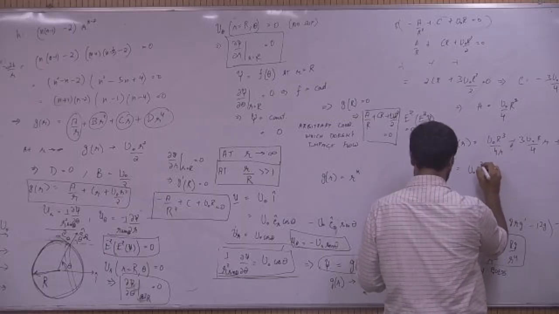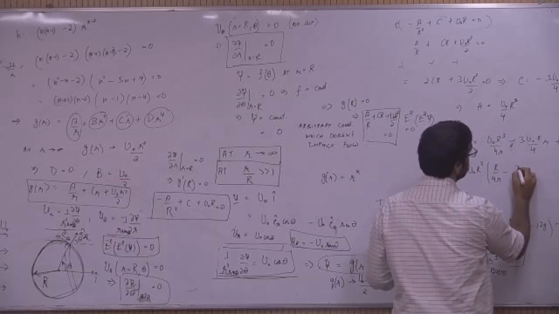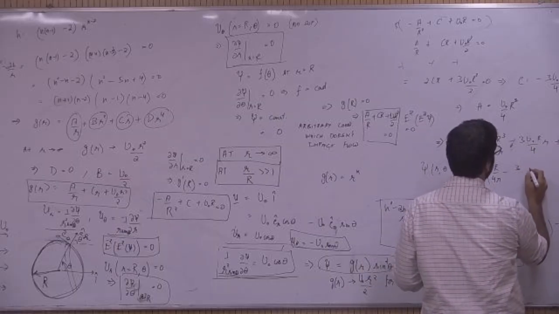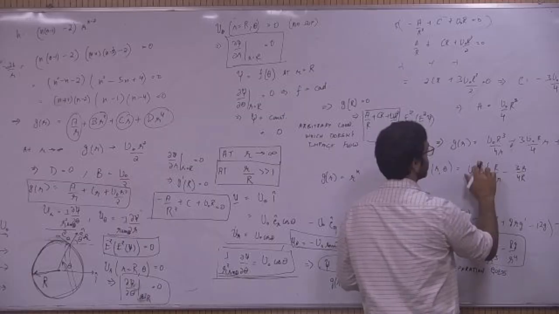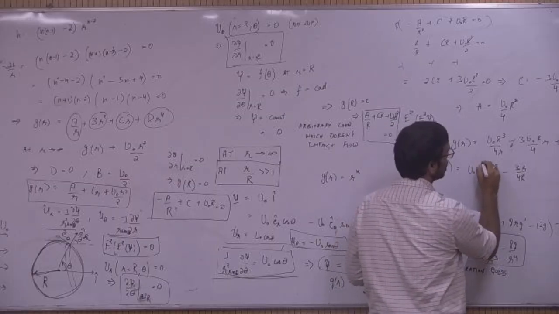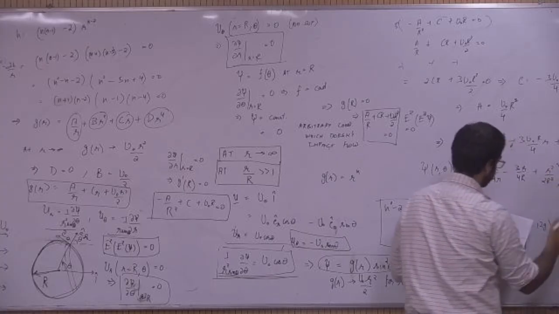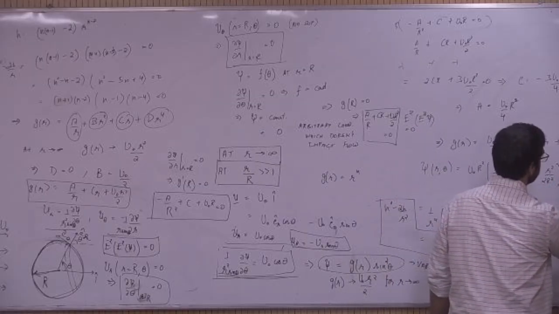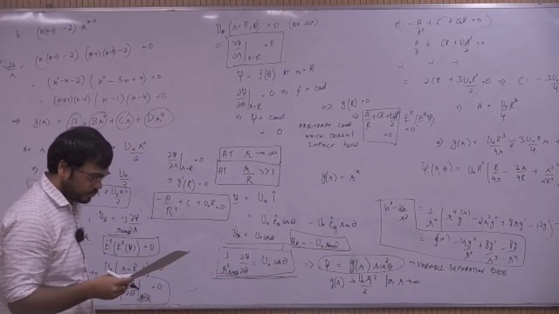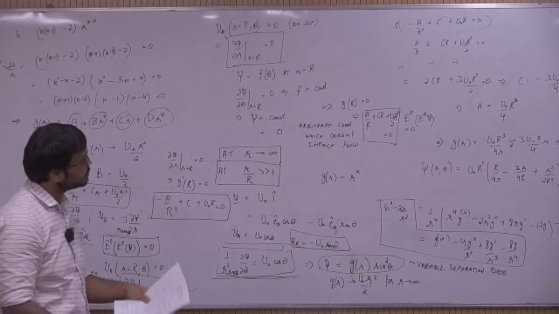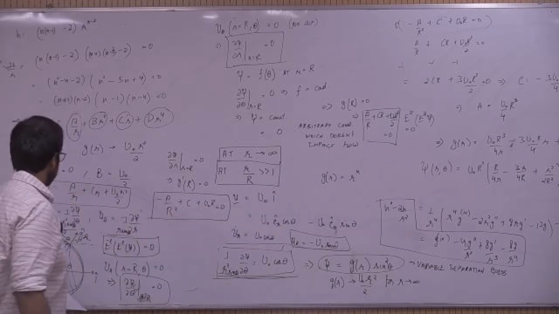So U naught R square, and then this becomes capital R by 4 small r minus 3 r by 4 capital R. Sorry, this will be U naught R square plus R square by 2 capital R square times sine square theta. So we have solved for the stream function of flow past a sphere.